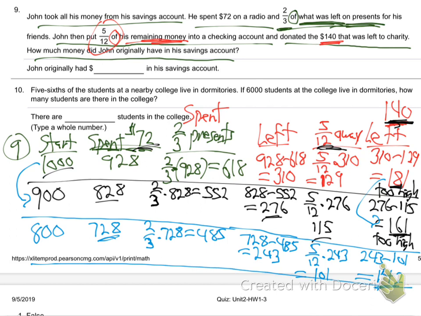We can try again. I'm going to come down just a little bit. 792. Try that. And spent 72. That leaves him with 720. 2/3 on presents. 2/3 times 720. That's 480. And what does that leave him? 720 minus 480.